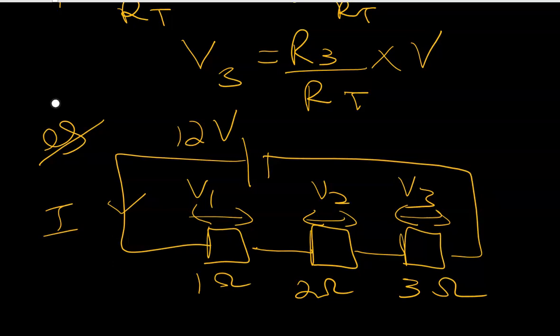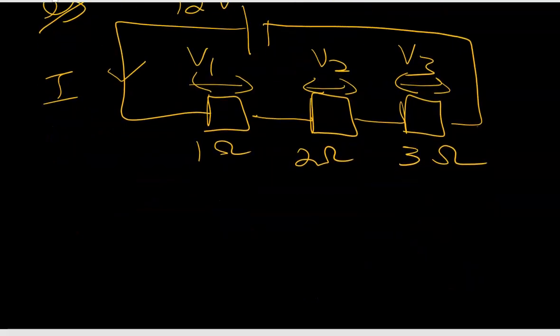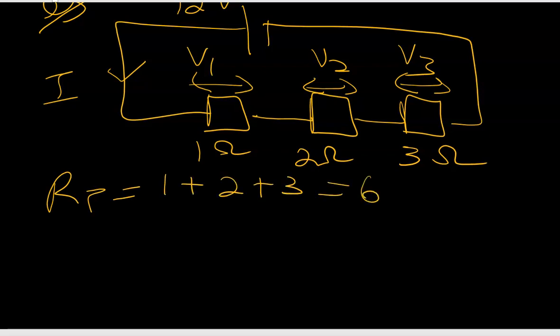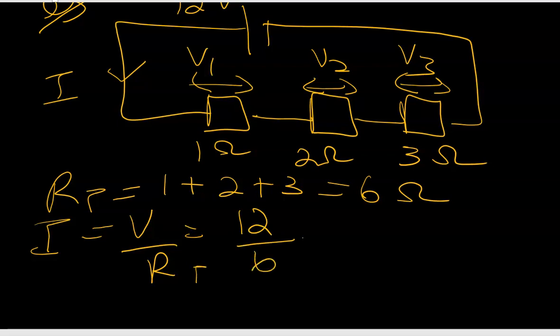Let's see how I could work it out. R_T, you just add up all three, which gives me 6 ohms. To get I, it is V over R_T, which is 12 over 6, which is 2 amps.